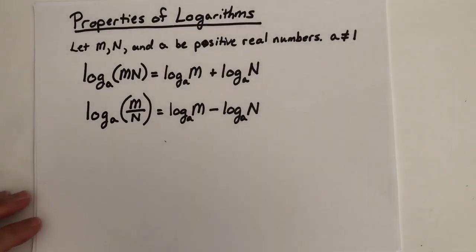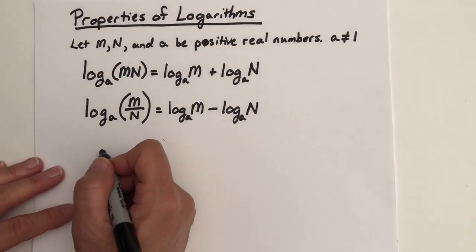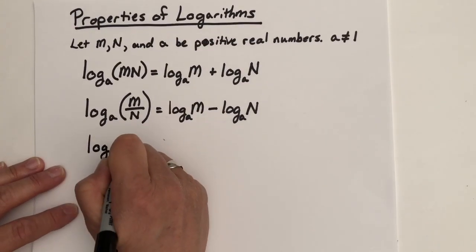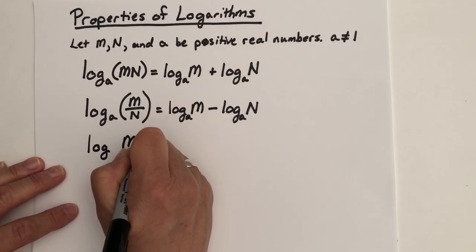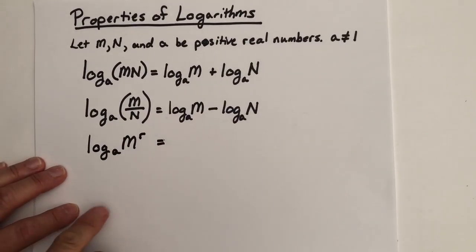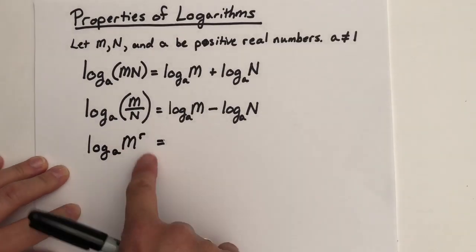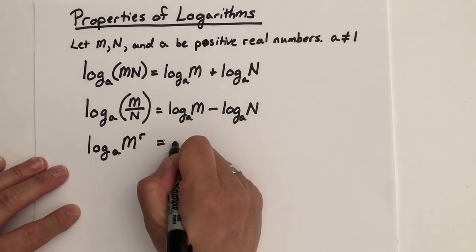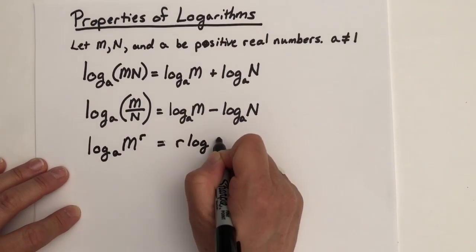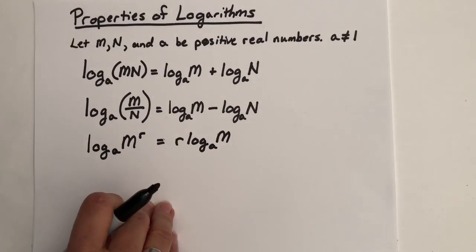We have these 3 big properties of logarithms that often get written together. So here it is. It's the log of m raised to a power, keeping the base the same. And r can be any real number, and we bring the r in front and multiply it by the log of m base a. And it looks like that.